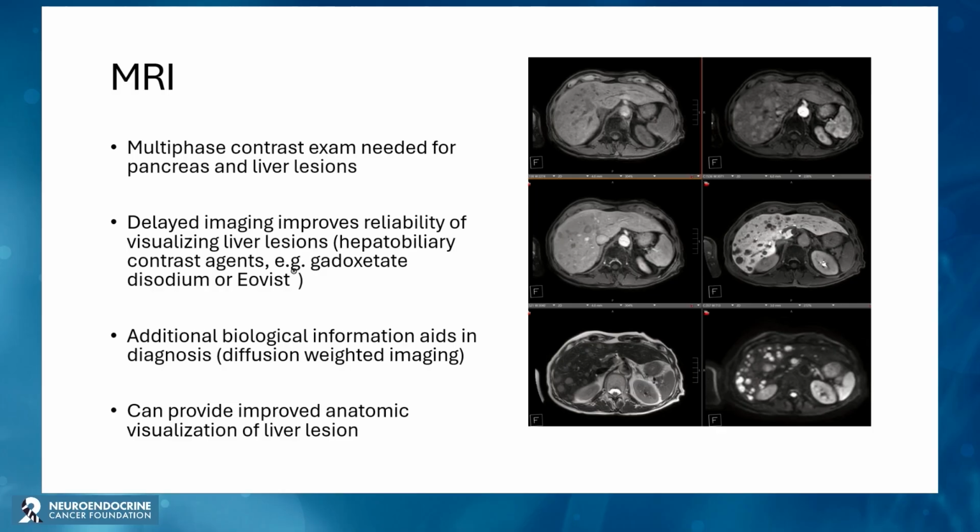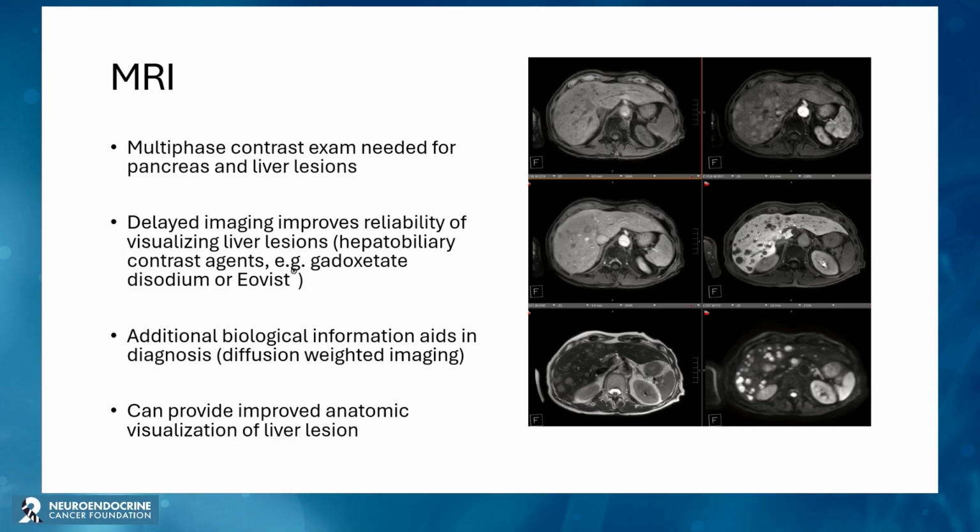So that's why when you look at the top row, that arterial phase image that I showed you, it's somewhat arterial phase, but it's a later arterial phase image. So now you can see that more of the agent is going through the liver and you don't see the metastases as well. And then on the right side, you can see the metastases really well because now the agent is taken up really well by the liver, not so much by the metastases. And so we get a really good look at the anatomic information.